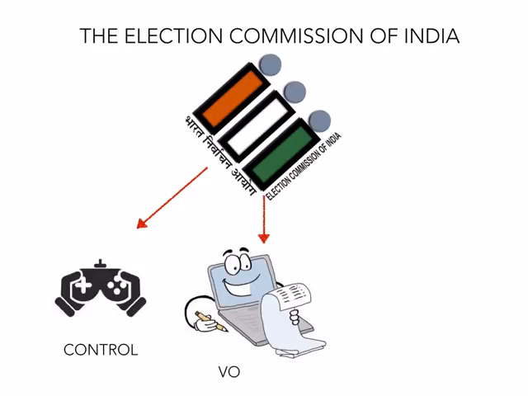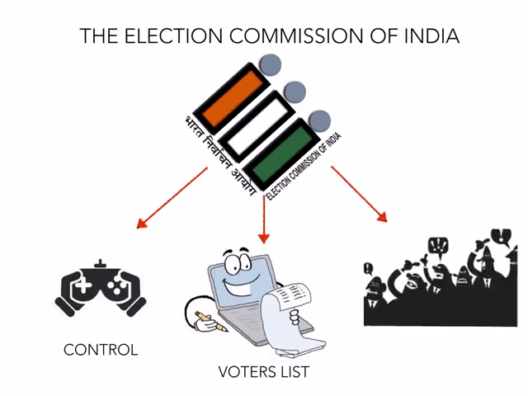The Commission is also responsible for preparing, revising, updating, and maintaining the voters' list. It also delimits constituencies for election to the Parliament and the state legislatures, fixes the election program, and settles election disputes.